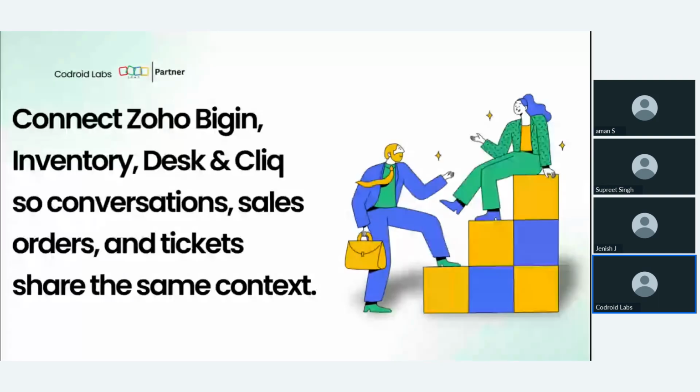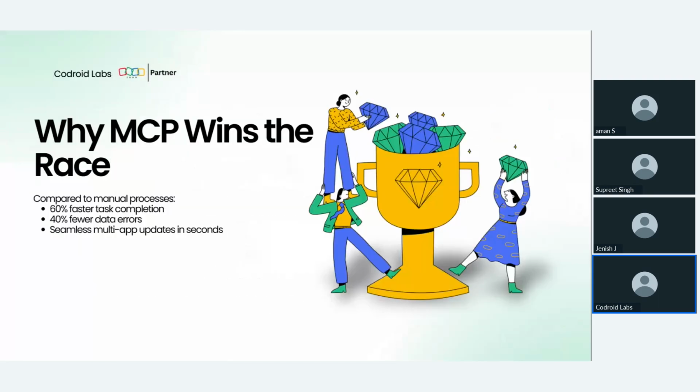Why we are using MCP: faster task completion, fewer data errors, and multiple app updates in a particular second. Basically, this is a single view that saves your time. This is a single interface. You can do anything, including finding and reporting, with the advanced LLM logic brain.